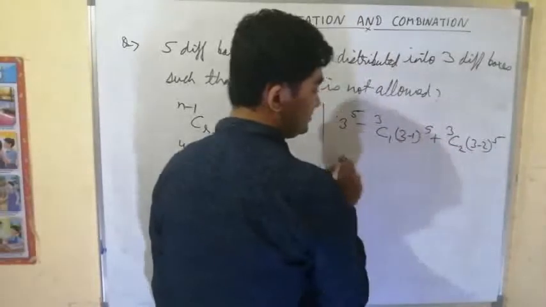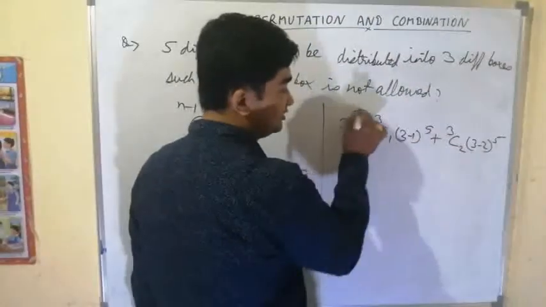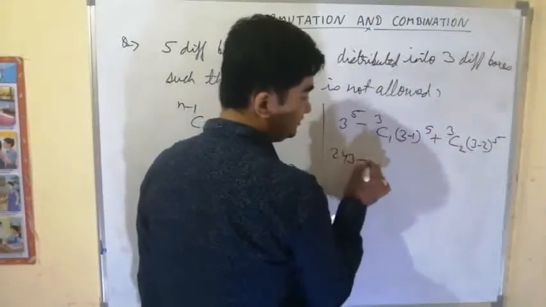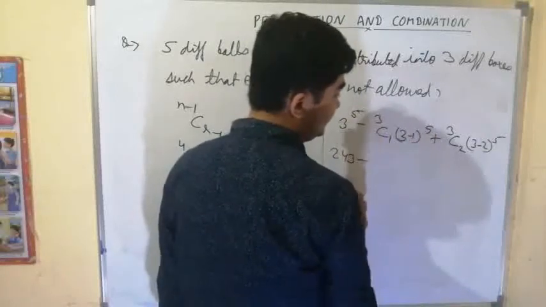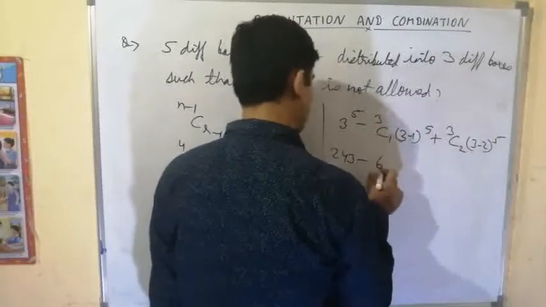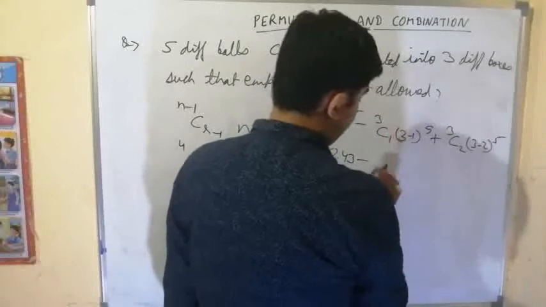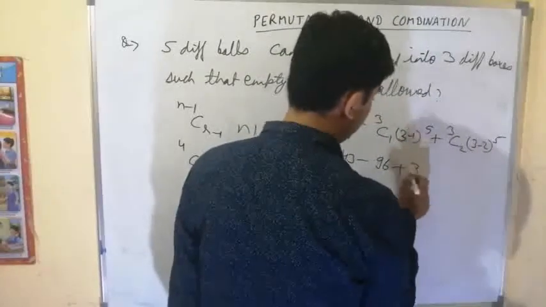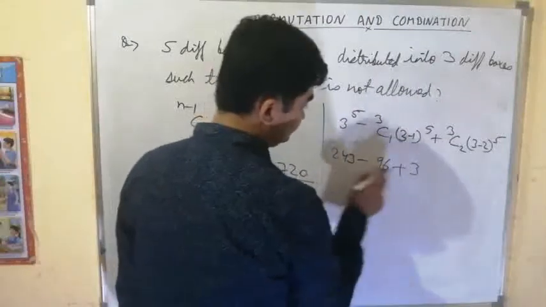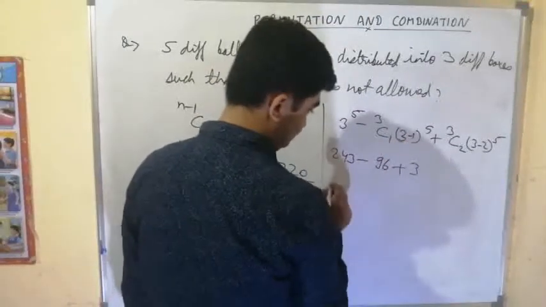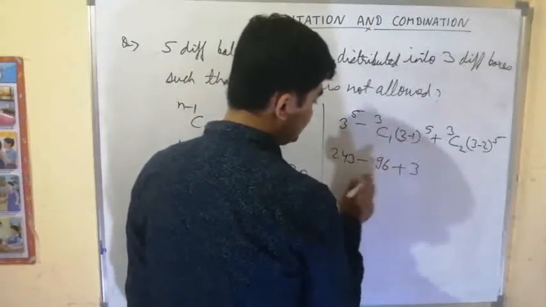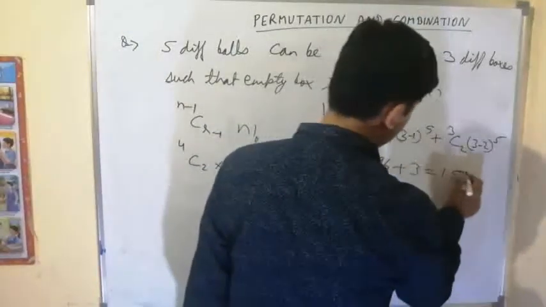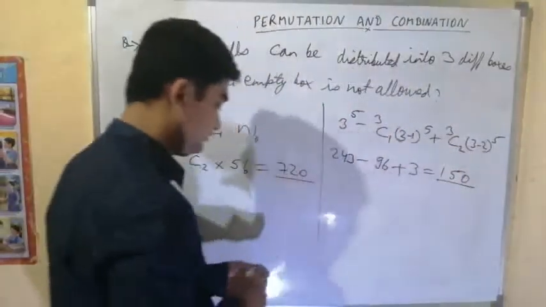So only this is the answer. Alternate plus minus. 3 power 5 is 243, minus 2 power 5 is 32. 32 into 3 is 96, plus 3 into 1. So 246 minus 96, which is 150. So in this case the answer is 150.